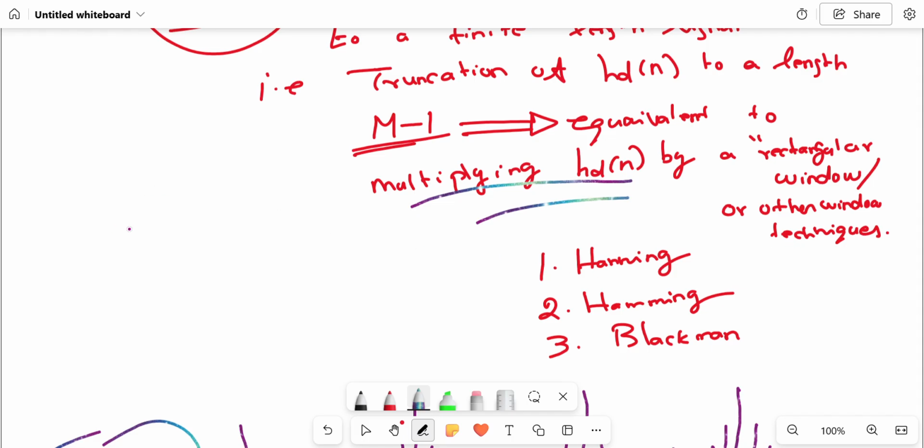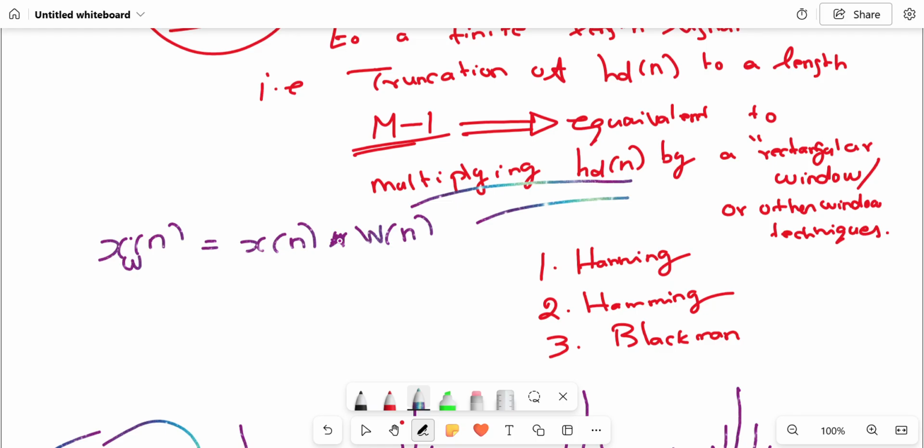So window technique means you can write x of n times the window function w of n.